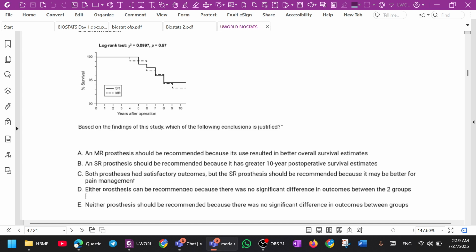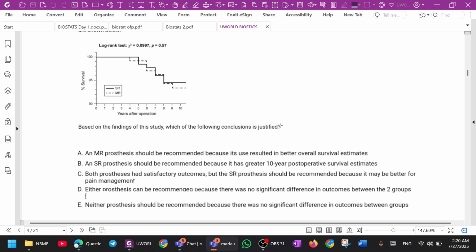Well, that seems false, there seems to be some kind of difference, but it doesn't say which one. It says that the SR group has less anterior pain and crepitation. This is statistically significant, so the SR group is better than the MR group based on the knee pain. It says that the radiologic terms showed no difference, but this is not statistically significant.